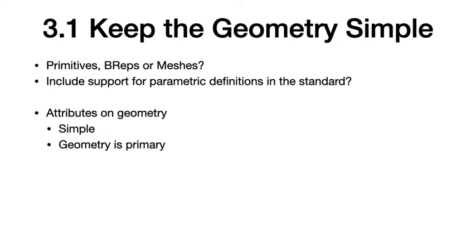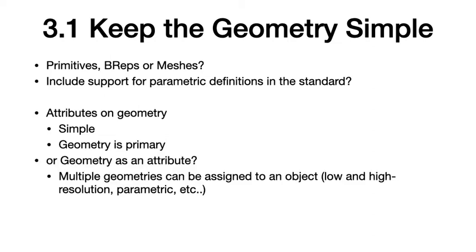You just have a bunch of geometric objects and you attach attributes to them. Or do we have a set of objects that have a geometric attribute? And this makes it easy to attach multiple geometries to a single object. So you could have a high and a low resolution geometry baked into an object. You can have a specific baked in mesh, but also include the parametric definition. I'm not sure what the answer is on all this.